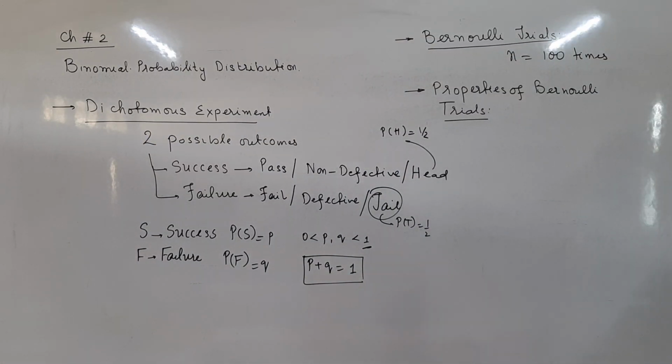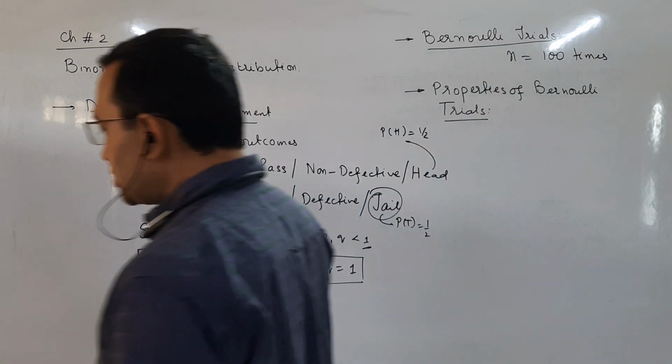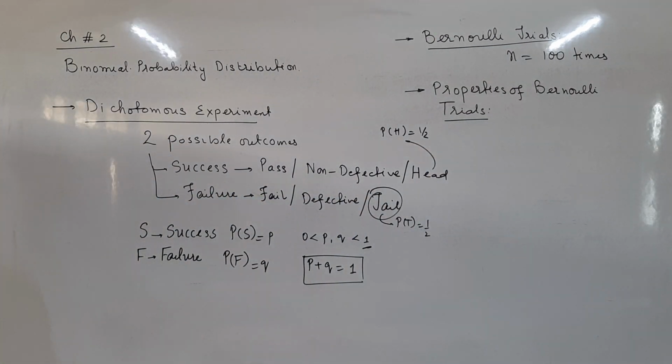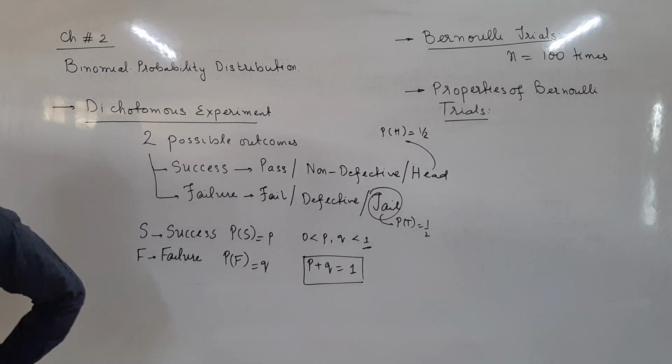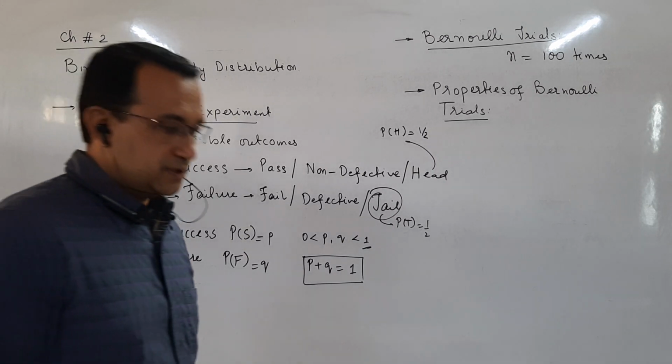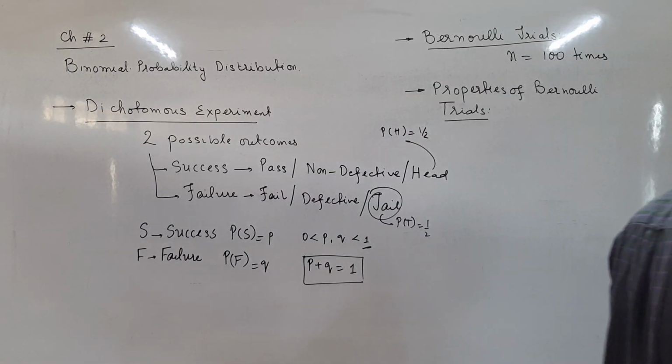This means getting a success or failure at any trial does not depend upon the previous trials. I told you, when you toss a coin repeatedly, in any trial the probability of getting success or failure is independent of the previous trial.